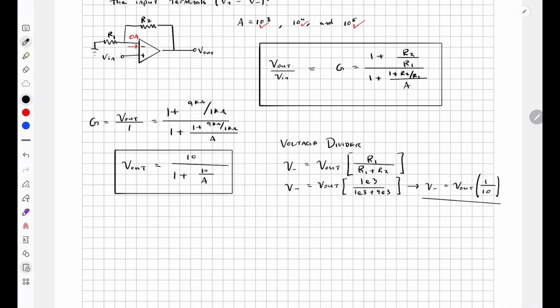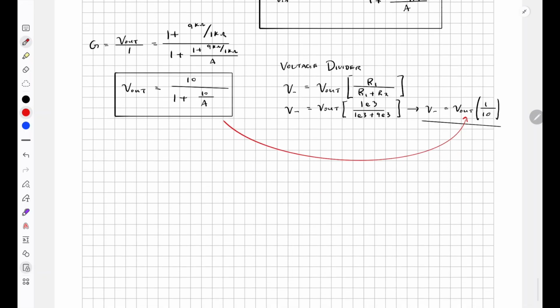We can now plug in the V out that we solved into this equation for V minus. So V minus is 10 divided by 1 plus 10 divided by open loop gain A, multiplied by 1 divided by 10. Now you can see that the 10 cancels. What we are left with is V minus equal to 1 divided by 1 plus 10 divided by open loop gain A.